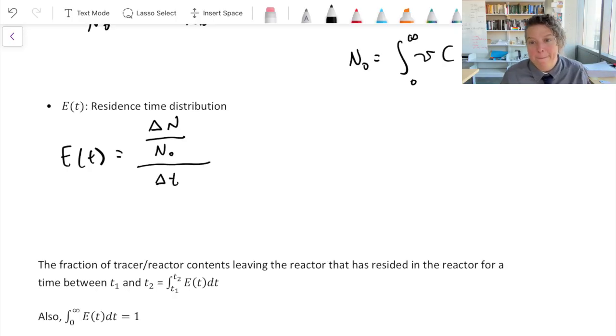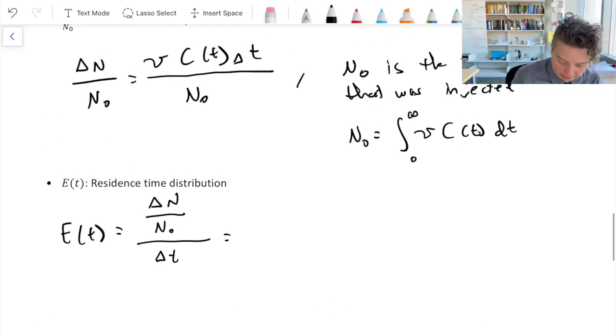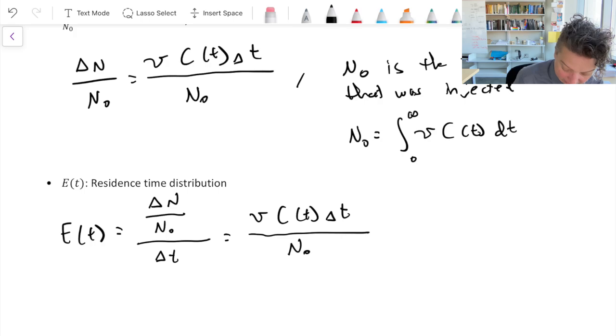So we can write that down. We would say that's equal to the volumetric flow rate times C of t times delta t divided by n naught and then delta t, and that's going to give us the volumetric flow rate times C of t divided by n naught.